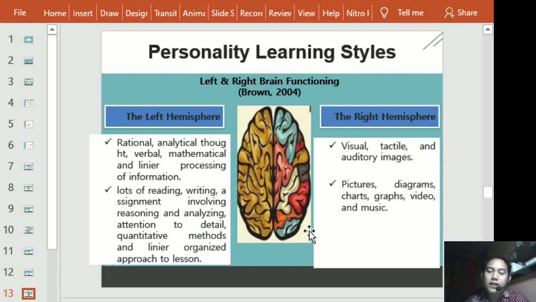The left hemisphere is associated with rational analytical thought, verbal, mathematical, and linear processing of information, while the right hemisphere is associated with visual, tactile, and auditory images. It is more efficient in processing holistic, integrative, and emotional information. And brain dominance means a preference for using one hemisphere of the brain over the other hemisphere.